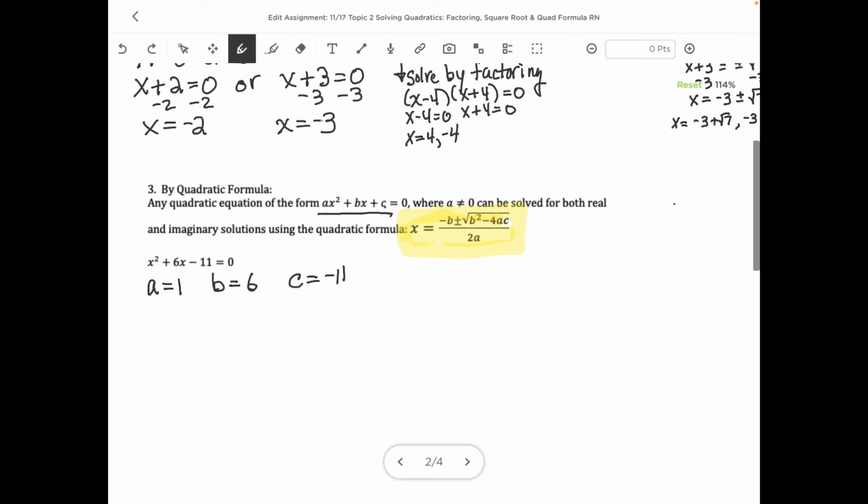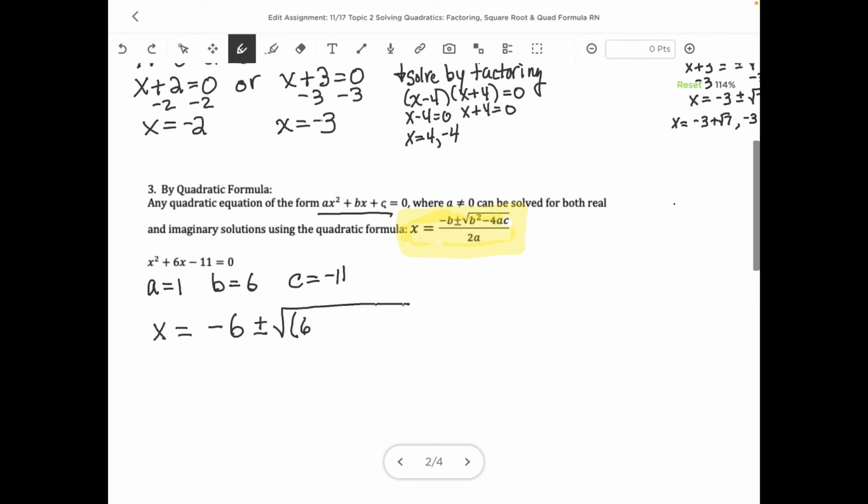We're now going to take those values and substitute them into the quadratic formula there. So x equals the opposite of B. Now we just wrote down that B was 6, so this will be the opposite of 6. And then you see a plus or minus symbol. The square root of B squared.